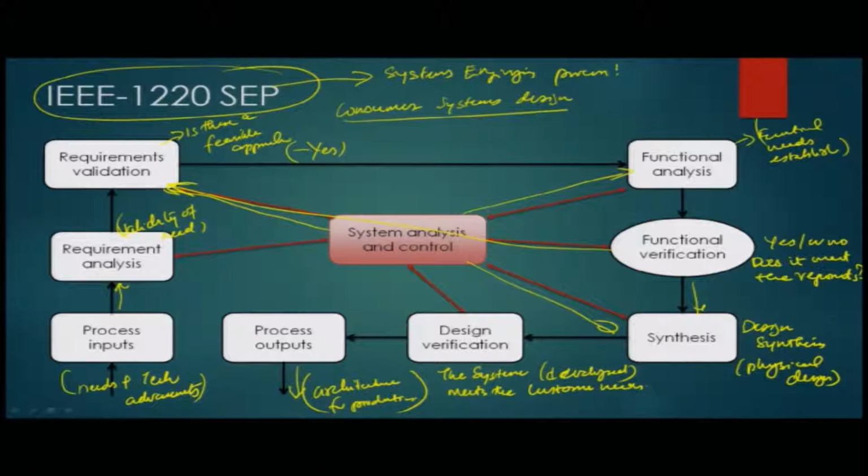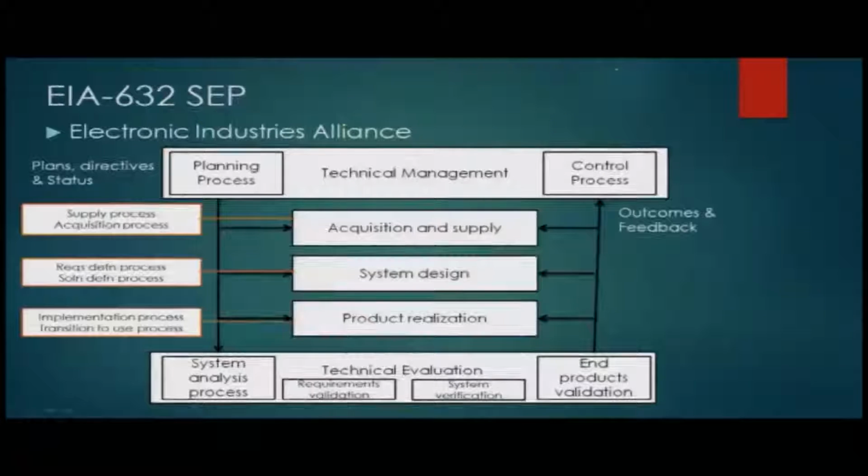And then the third one I want to talk about is the EIA, the Electronic Industries Alliance standard 632, Systems Engineering Process standard. And here, as I said earlier, many times we have seen it is a recursive and iterative process.